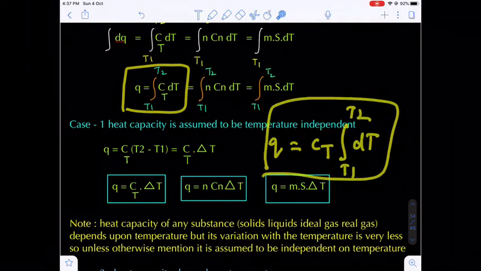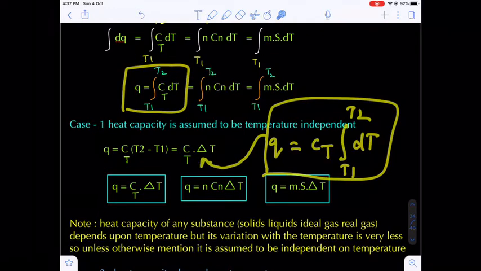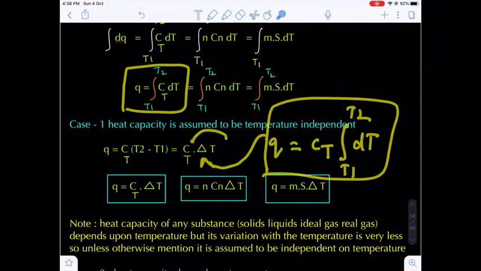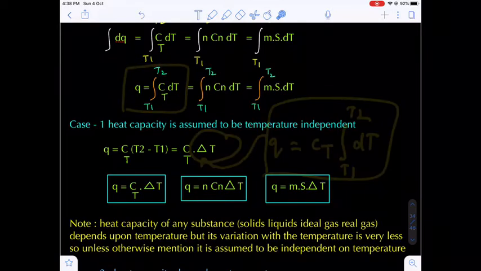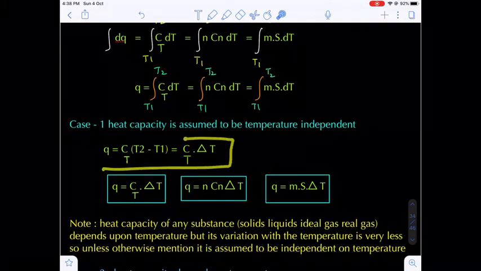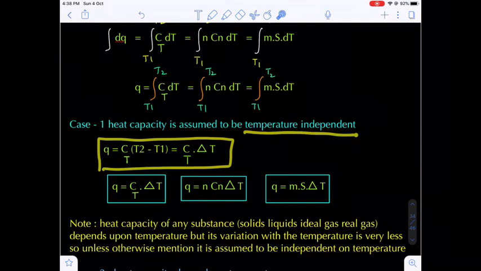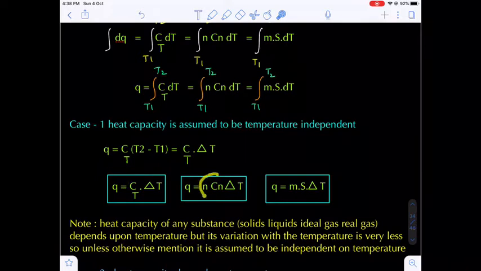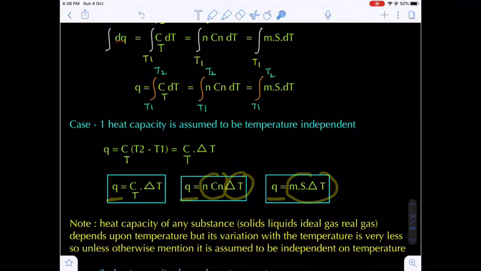After integration, you will get the total heat capacity into T2 minus T1, which is delta T. This is the total heat capacity into delta T. Similarly, n Cn delta T, or ms delta T. All these are related to the heat of the system.